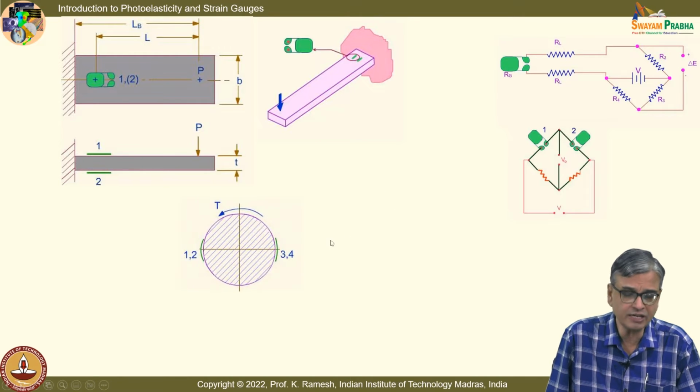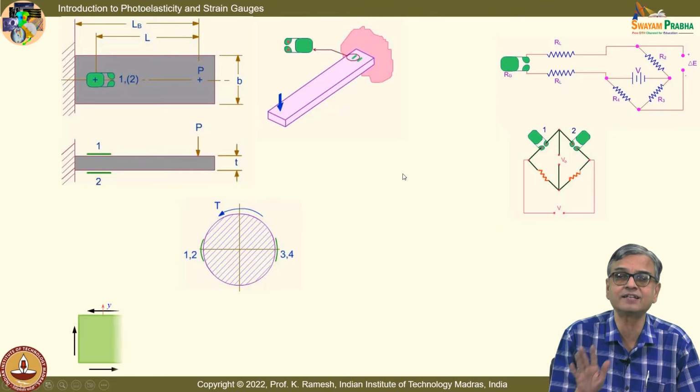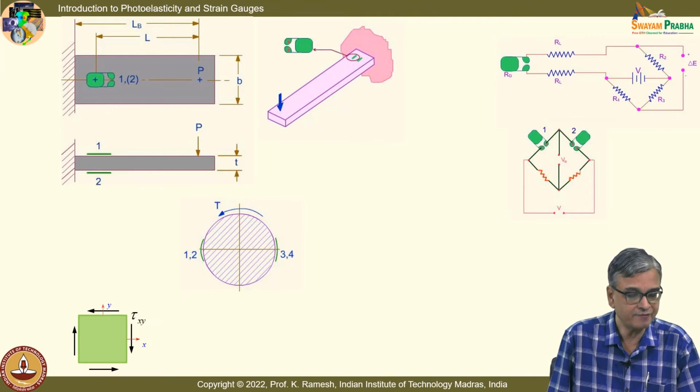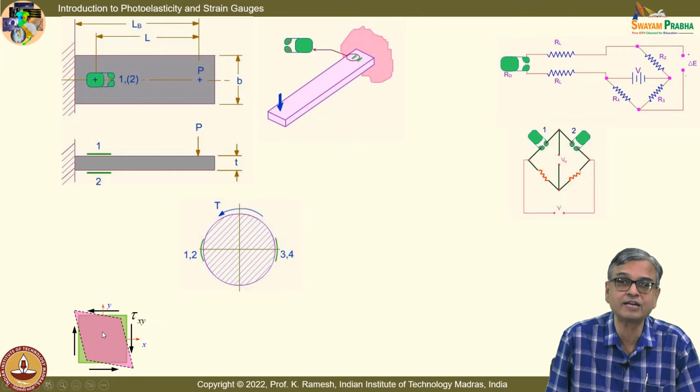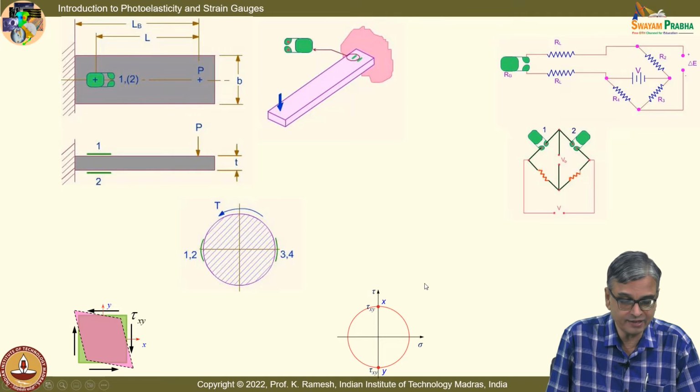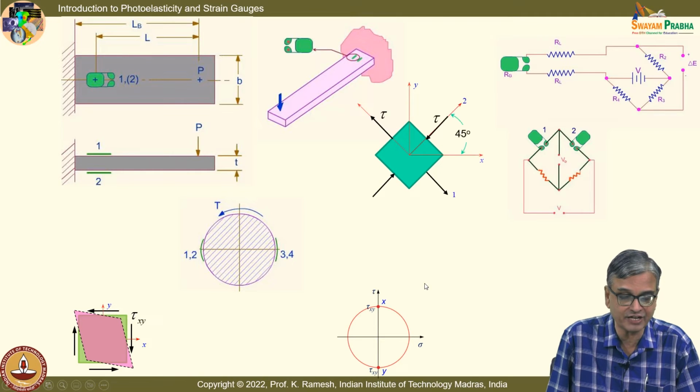And we have also looked at how to extend this for torsion, because a strain gauge by itself can measure only axial strain, fine. And we have understood in what way shear stress can be looked at as a combination of tension and compression, and using that and looking at the Mohr circle, you can have the justification.